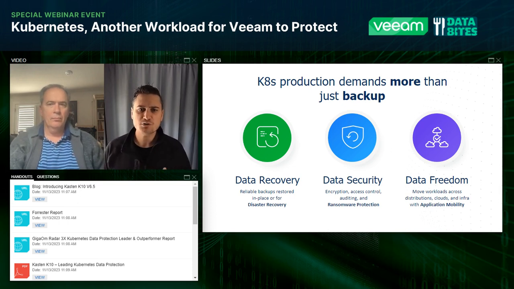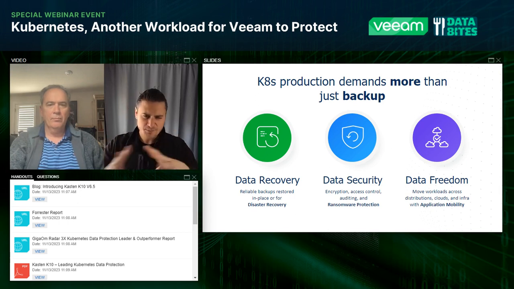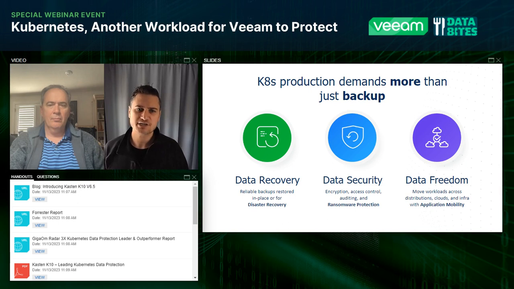But really being able to move these workloads, move this persistent data and the application data with it. We're not one or the other. It's looking at things through the application lens. We're not trying to back up the Kubernetes cluster. We're trying to back up the applications, because that's what we care about, and that's what our business cares about. So really treating the cluster as an ephemeral cluster, which was the origin of Kubernetes.